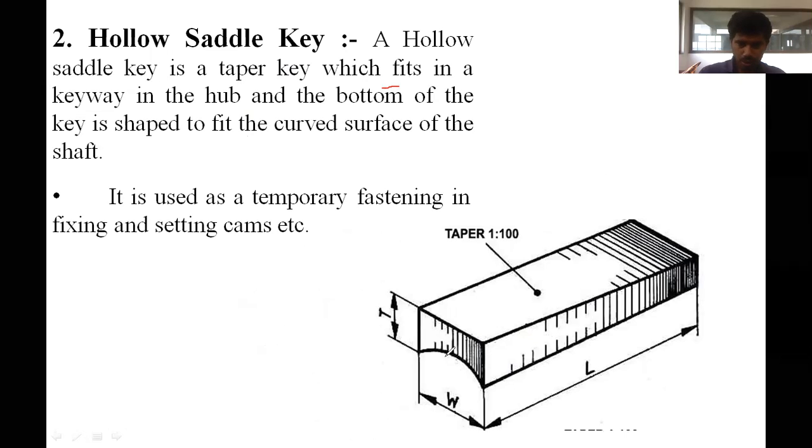Whatever this portion you are seeing is going to fit on the shaft surface. Alignment is done exactly as per the shaft. It is used as a temporary fastening in fixing and setting caps.